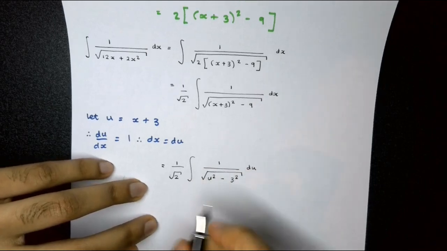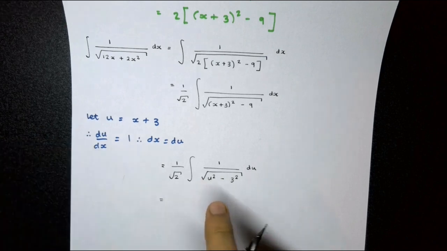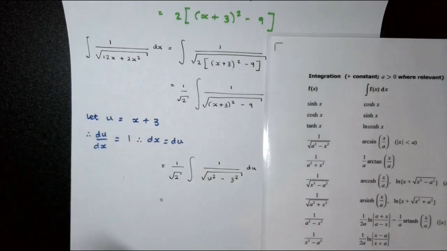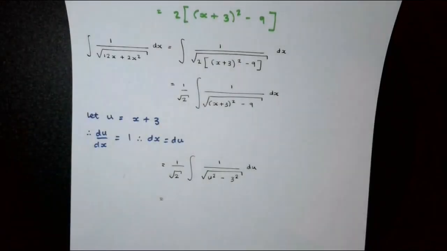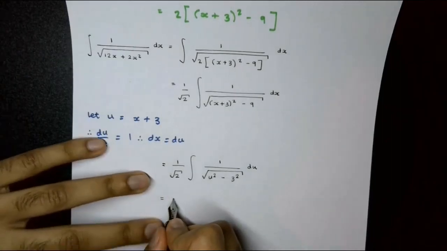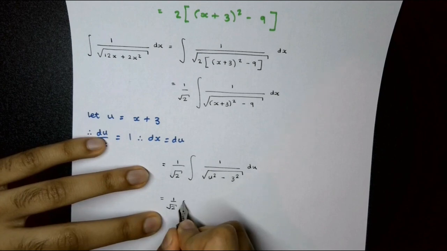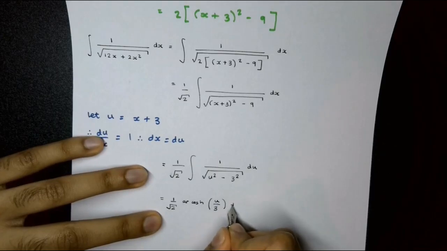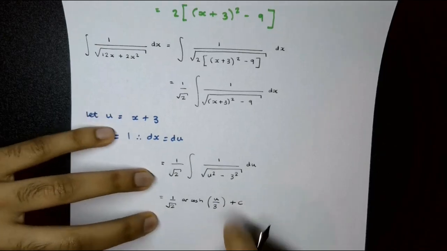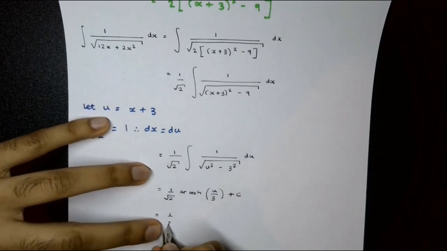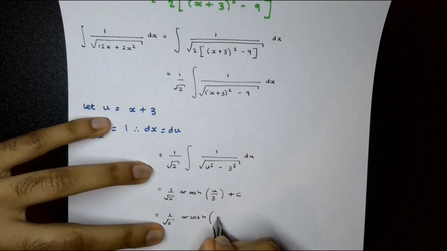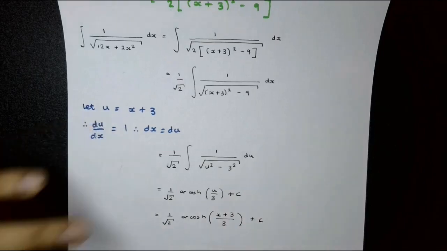So now, if we integrate this using the knowledge from what we have over here, instead of an x we've got a u. What we'll end up with is 1 over root 2 times by the inverse hyperbolic cosine of u over 3 plus c. And we already know what u is, that's x plus 3. So we end up with 1 over root 2 times by the inverse hyperbolic cosine of x plus 3 over 3 plus c as our final answer.